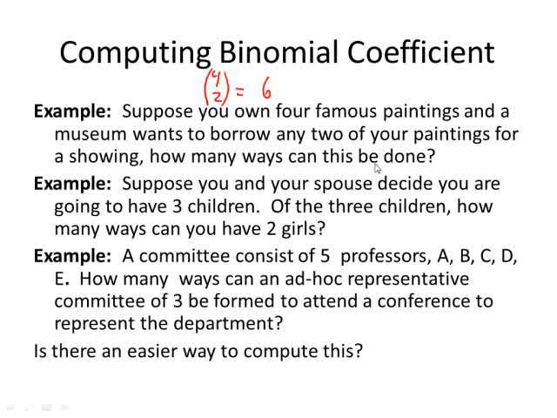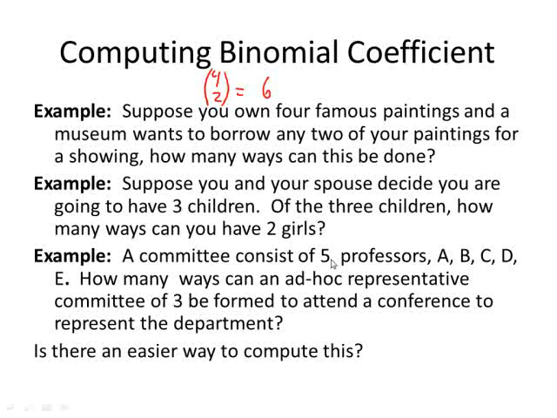Suppose that you and your spouse decide you're going to have 3 children. Of the 3 children, how many ways can you have 2 girls? So again, having 2 girls out of the 3, you can have girl, girl, boy; girl, boy, girl; or boy, girl, girl. So there's 3 ways to do that.